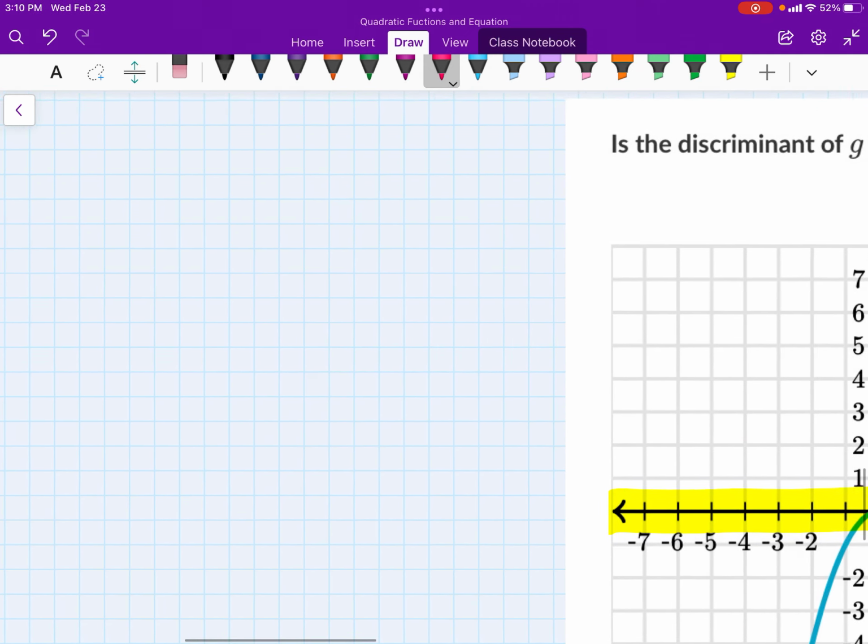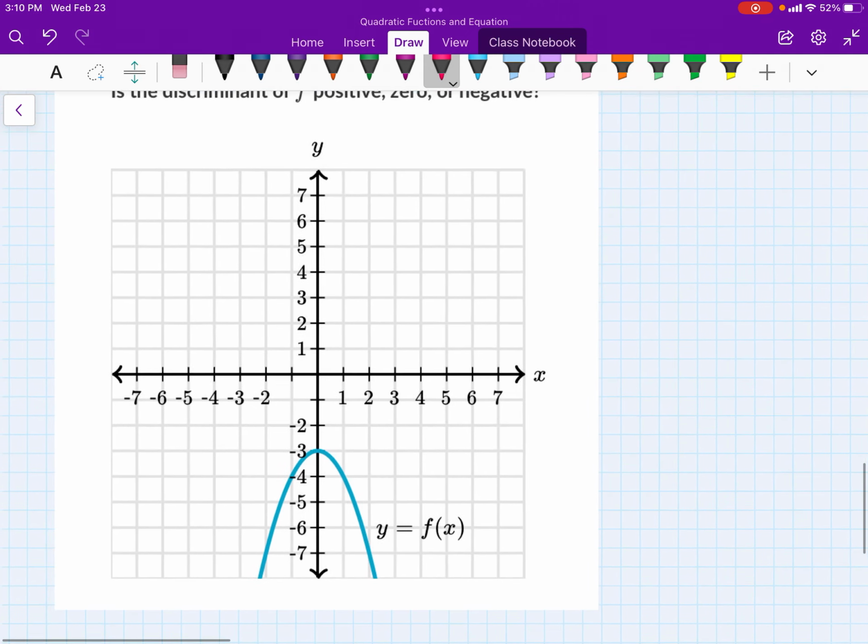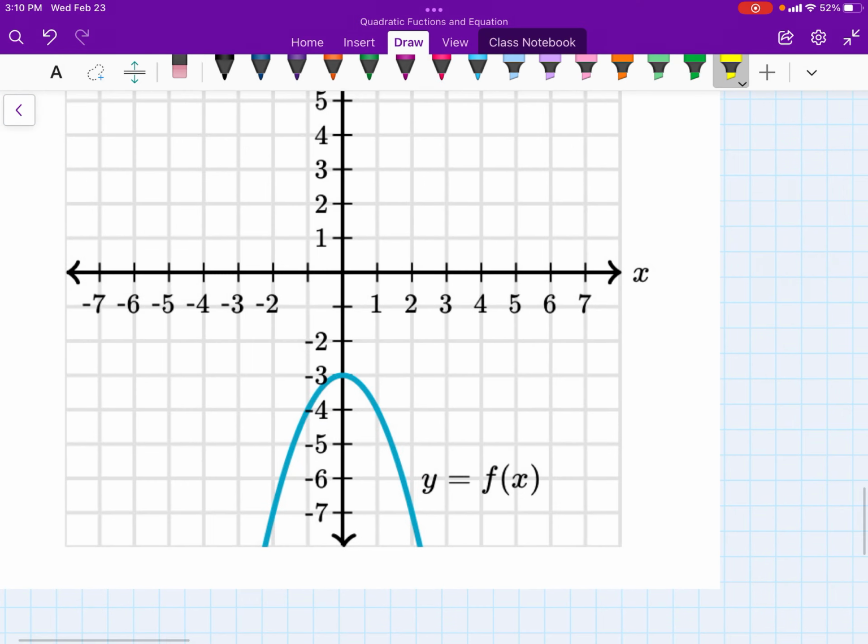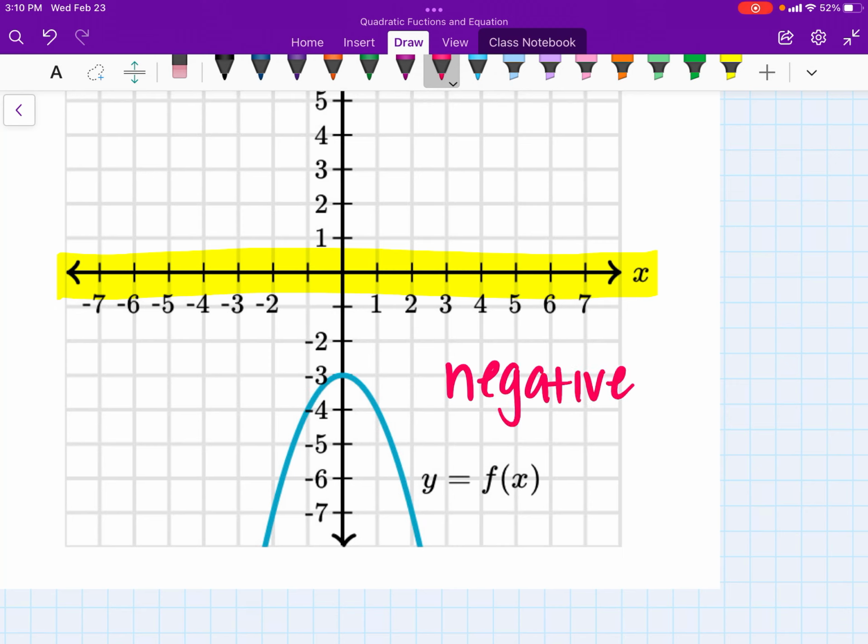So let's go ahead and move on to this next one. And in this next one, once again, how many x-intercepts does this function have? How many times does the function cross our x-axis? In this case, it actually doesn't cross it. It comes close to it, but it doesn't cross it. So it actually has 0 x-intercepts. And because it has 0, we actually have a negative value.